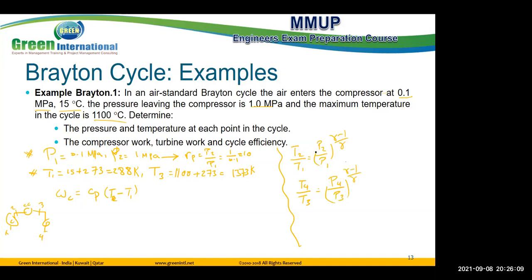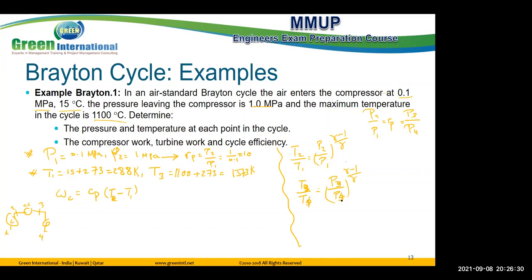What is P2 over P1? P2 is equal to P3, and P1 is equal to P4. Constant division. So 3 over 4, which is the reciprocal of this, RB. So it's better to write it 3 over 4.